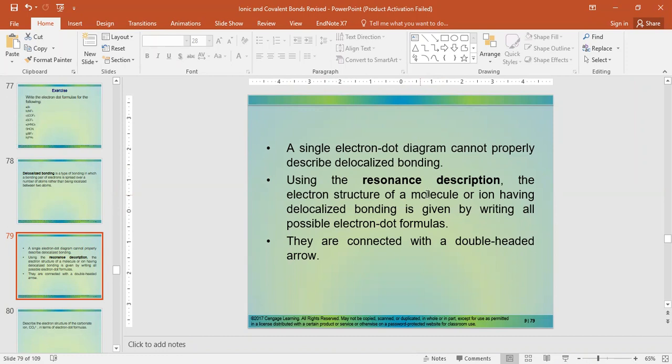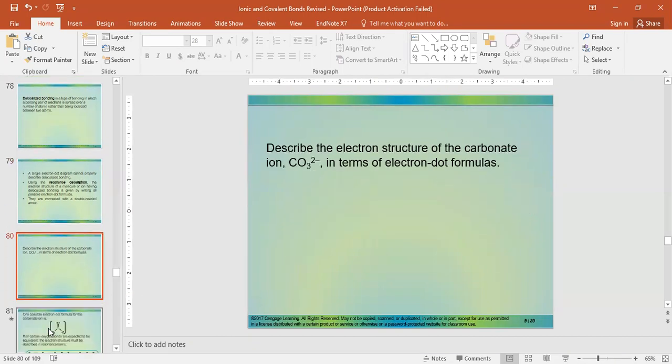So we use the resonance description so that the electron structure of a molecule or ion having delocalized bonding is given by writing all the possible formulas. And I have illustrated this using the benzene. And we connect the possible formulas using a double-headed arrow. And we are going to illustrate that using some examples here.